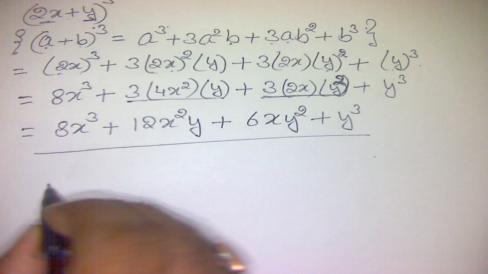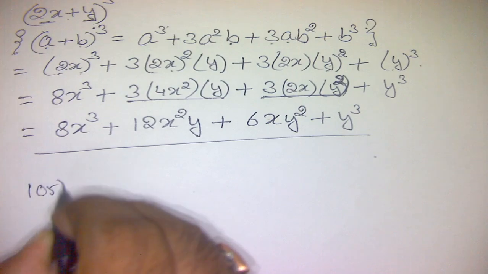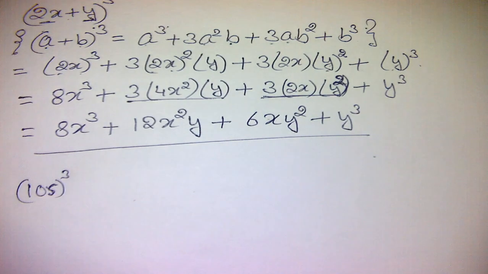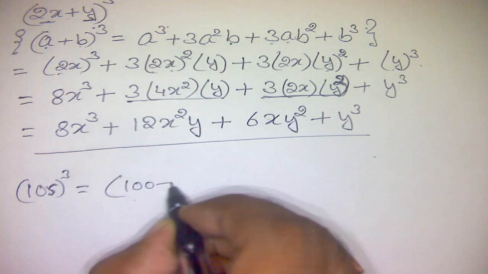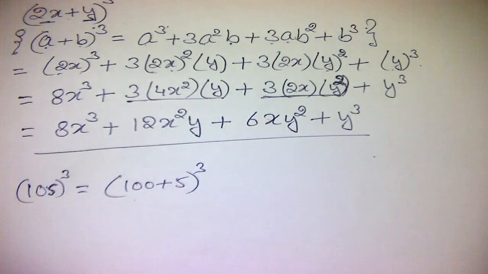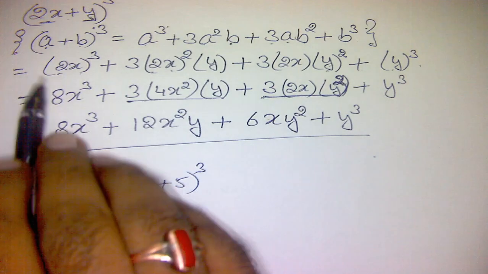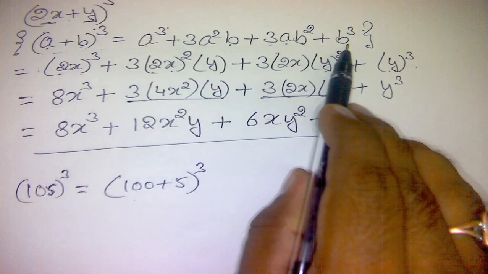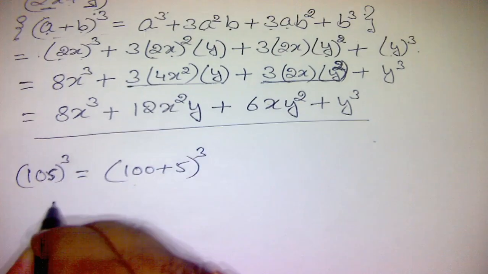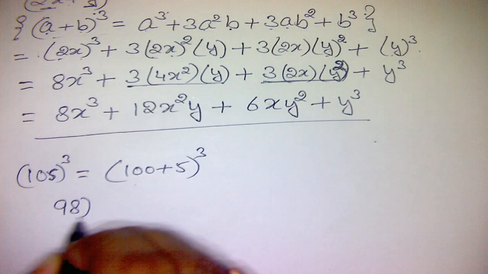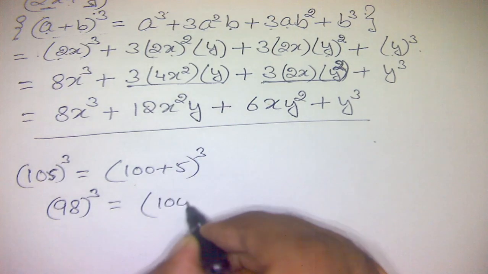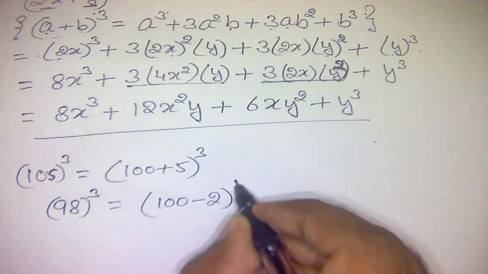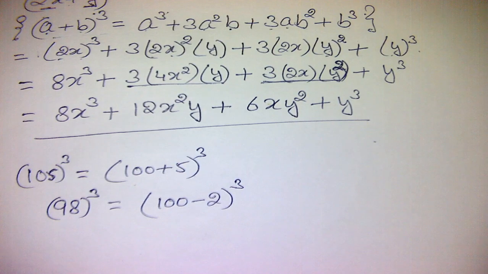Now suppose you are somewhere asked what is the cube of 105, what will you do? You can write it as (100 plus 5) whole cube and then use the same identity. If you are somewhere given to find, say, the cube of 98, then it is better you write it as (100 minus 2) whole cubed.